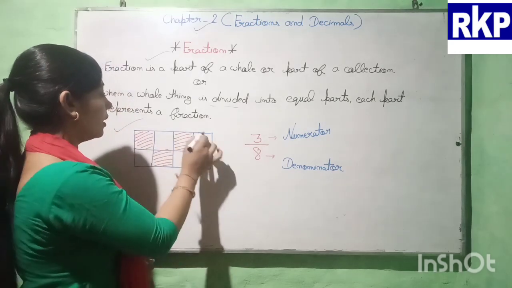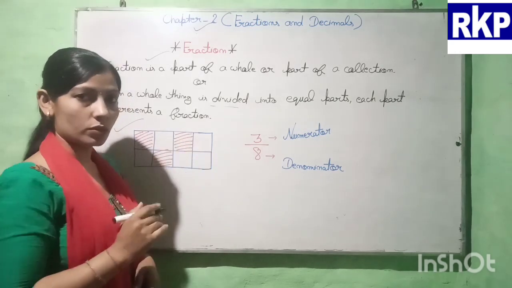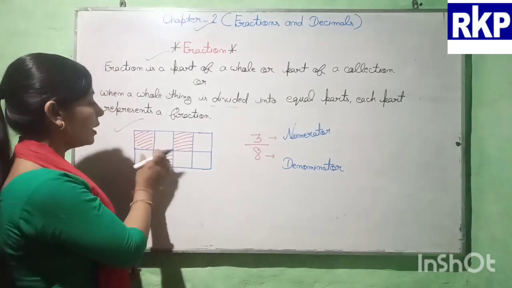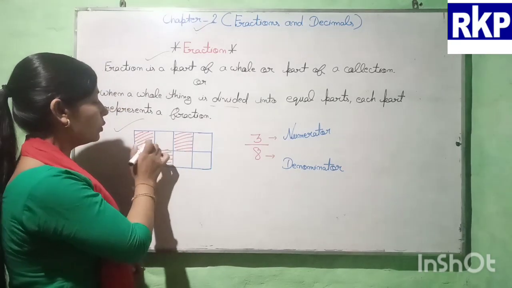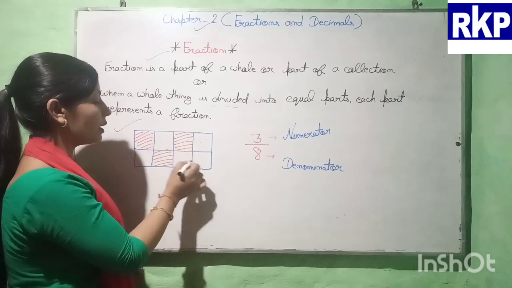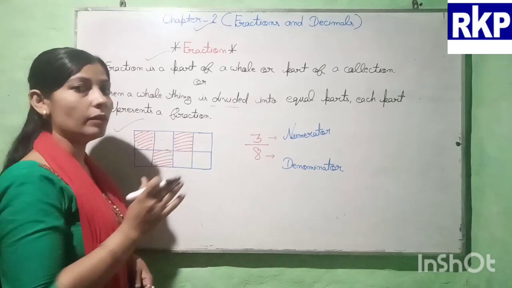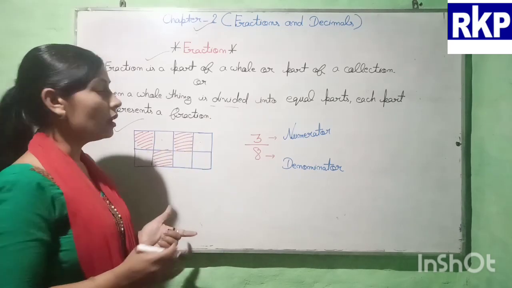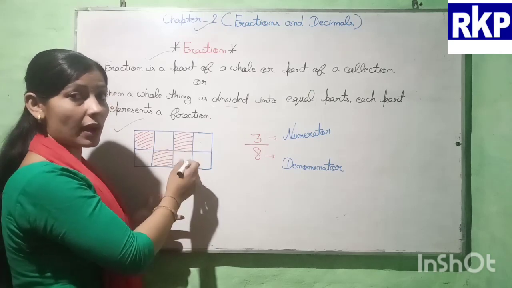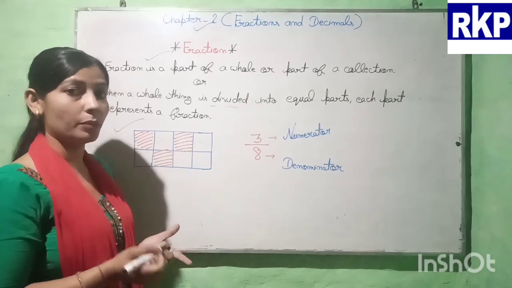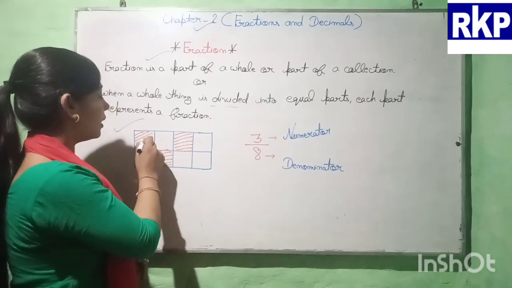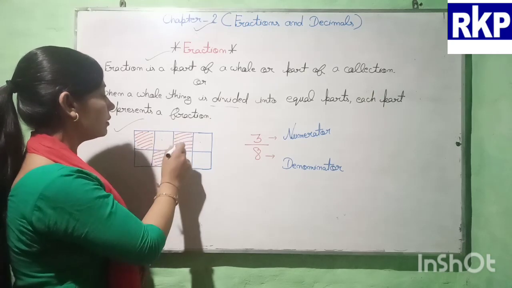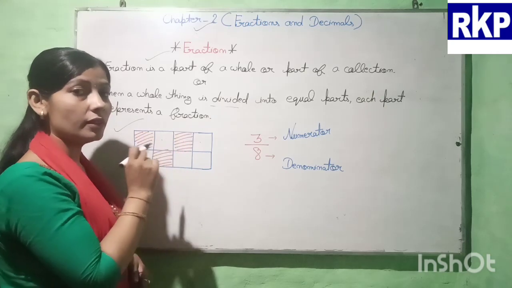Here we have a box and I have divided it into 1, 2, 3, 4, 5, 6, 7, 8 equal parts. Each part represents a fraction. But here I have colored only 3 parts with red.